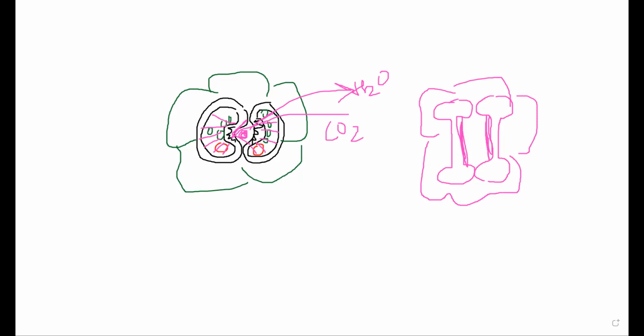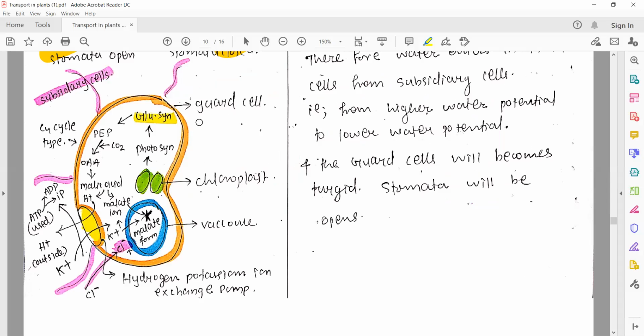How the stomata open is a very important topic for you to understand. Focus over here very clearly, because a question can be asked in the examination. The surrounding cells which I have drawn over here are all subsidiary cells. Labeling is done. Now as I told you, these guard cells have vacuoles and chloroplasts.